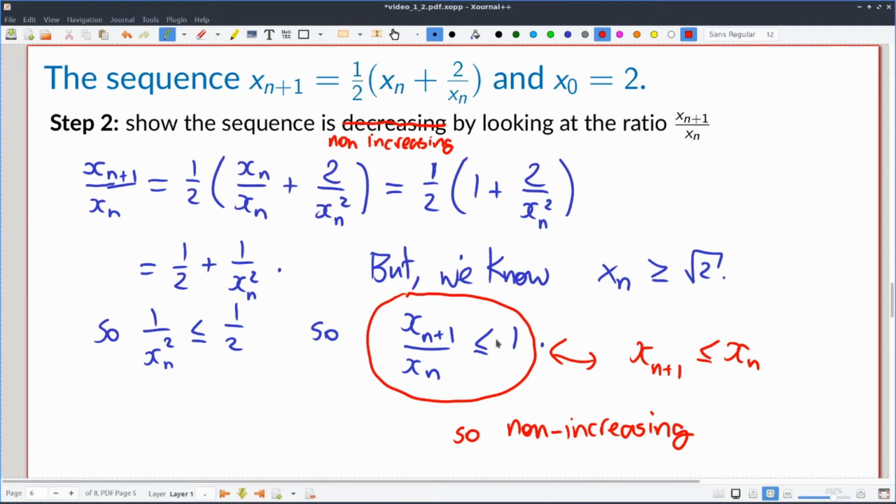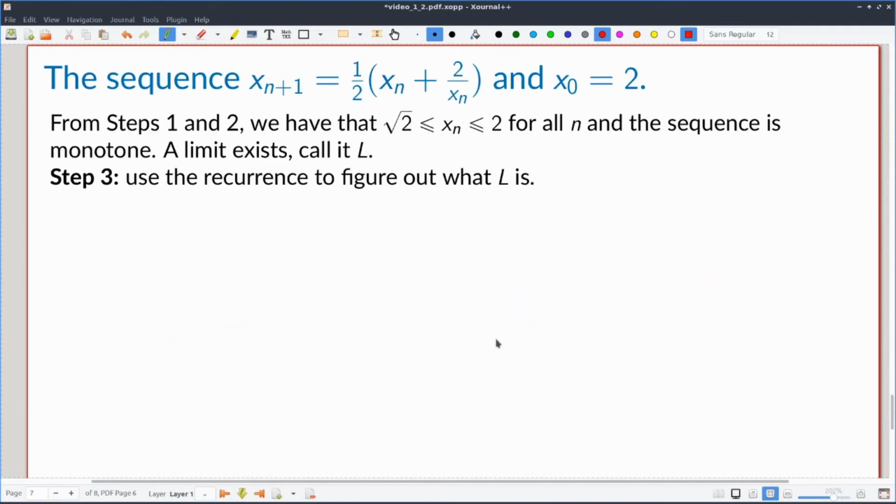And step 3 is the part of the problem where we actually end up using this fantastic bounded monotonic sequence theorem. Okay, so good. So from steps 1 and 2, we have that the terms of the sequence are trapped between root 2 and 2 for all n, and we have that the sequence is monotonic.